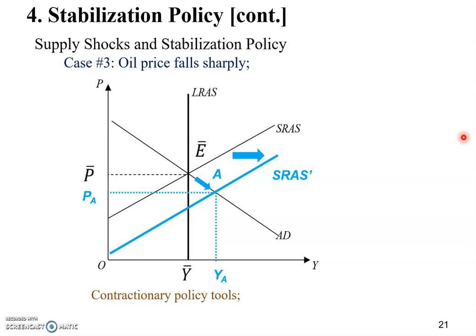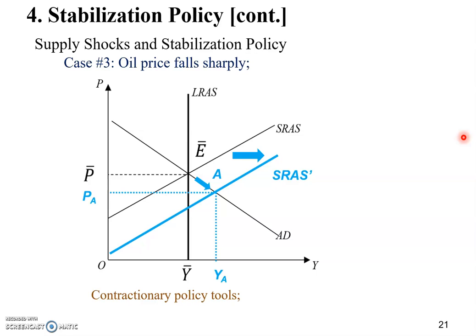Now suppose we still worry about overheating, so we want the economy to cool down. We could use the contractionary policy tools. Once again, we could decrease the government spending, or increase taxes, or reduce the money supply.